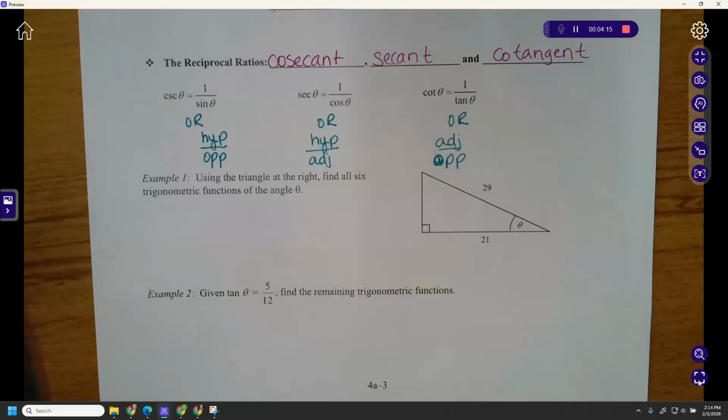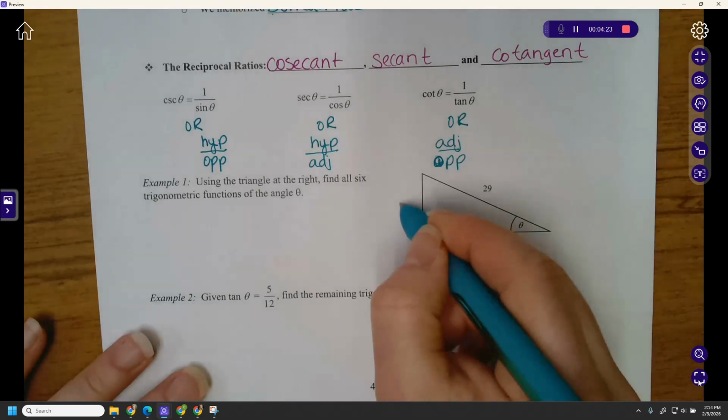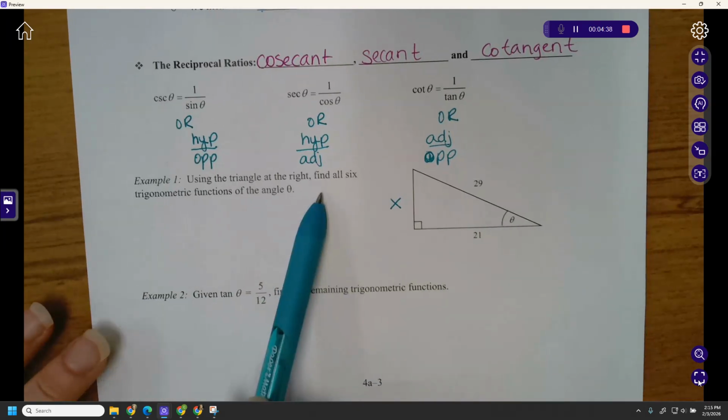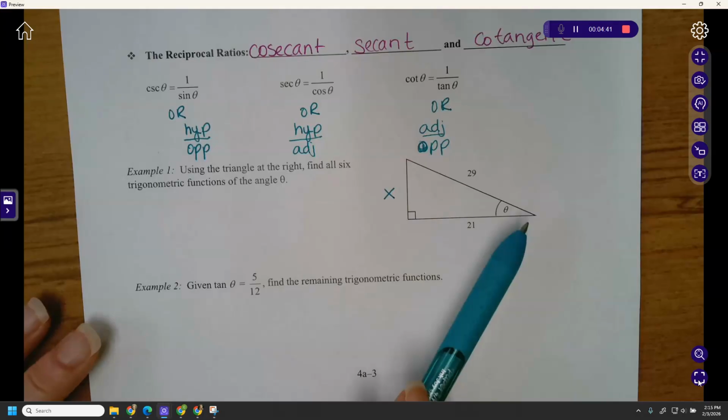and just write them as fractions. We have to find the missing side first, though. Any ideas on that? In a right triangle, if I know two of the sides, how can I find the other? Pythagorean theorem, yes. You're right, I have one of them.